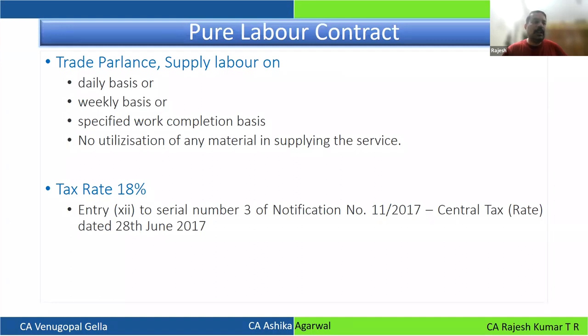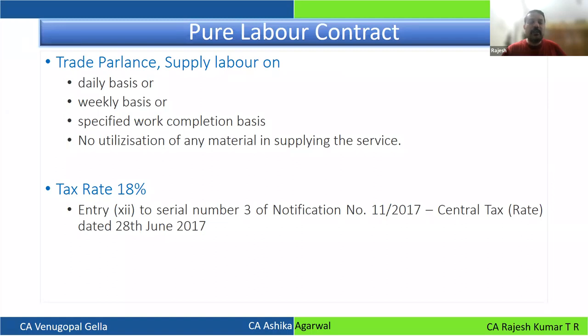If you are merely giving people on a day basis, humans with a labor contract who don't have the responsibility, such as piece rate, etc., it may not fit into the definition of construction of residential complex. So the contract should be with the responsibility of a construction, not merely supply of labor. This is what I was trying to highlight.